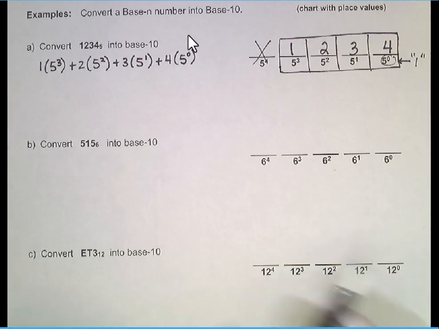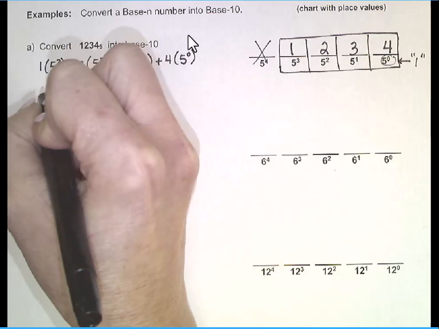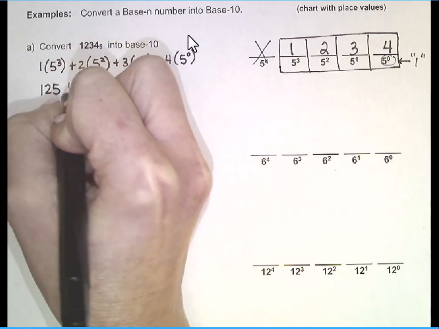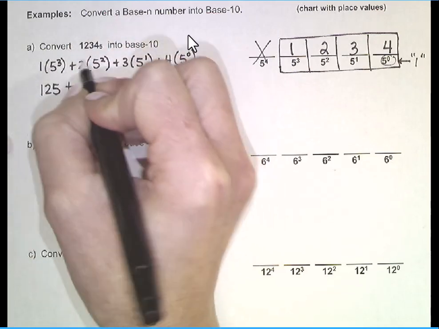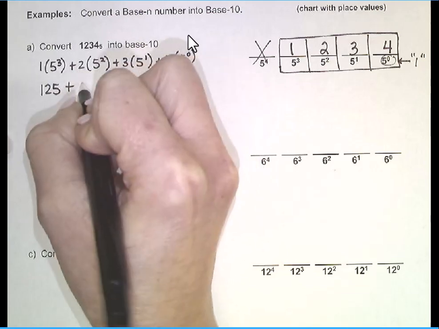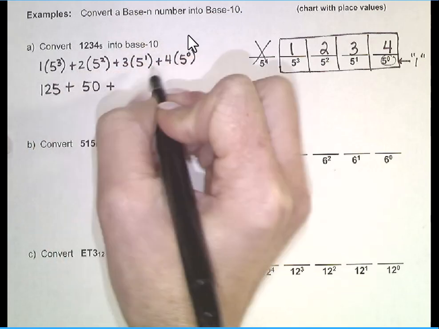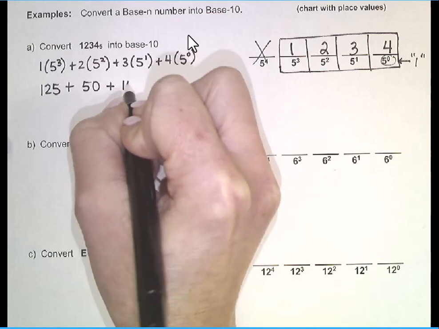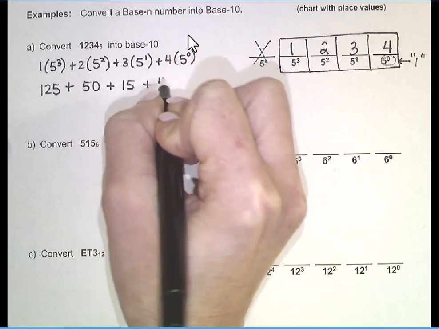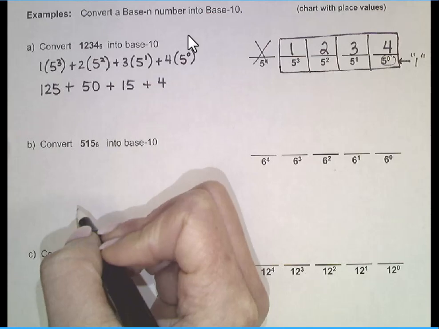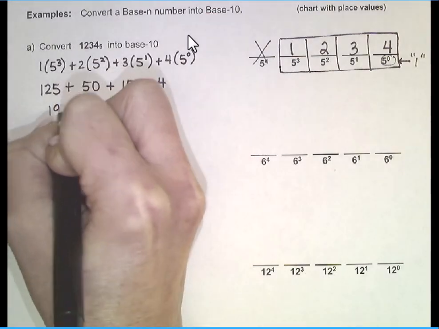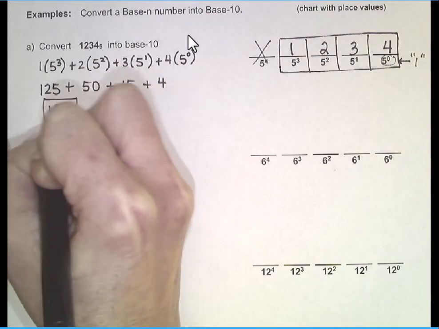Those are always ones. So this is basically 125. That's what 5 cubed is. 2 times 25, that's 50. 3 times 5 is 15. And then you have 4 ones at the end. And if you add all of that together, you get a grand total of 194.